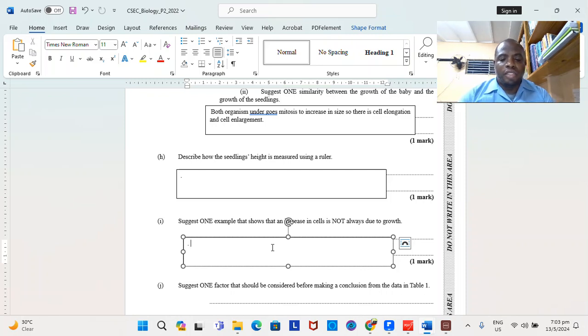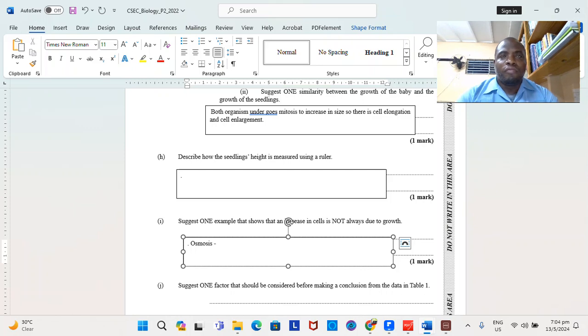And so for this, osmosis is a pretty way to basically explain this concept of increasing in size. You can use an example that you know in regards to osmosis.